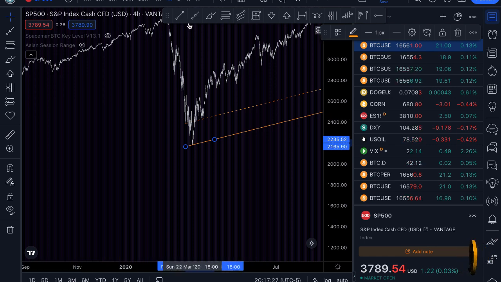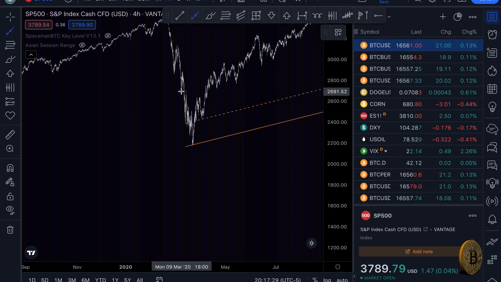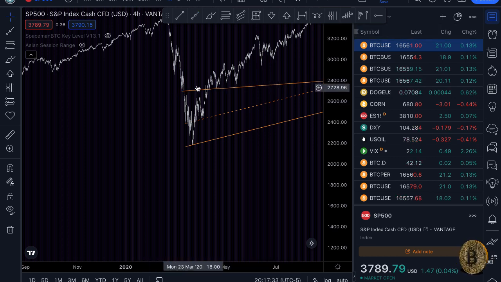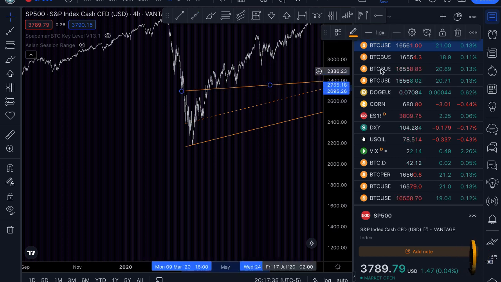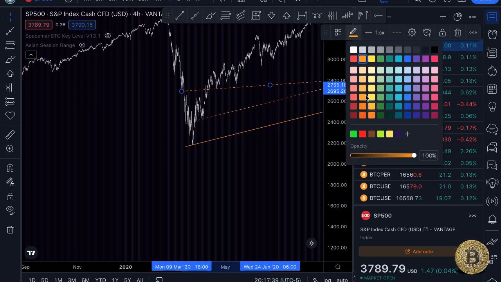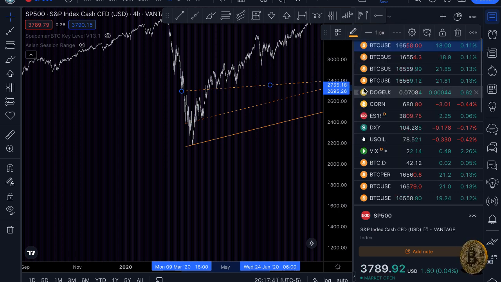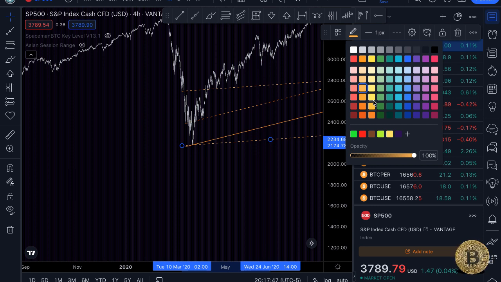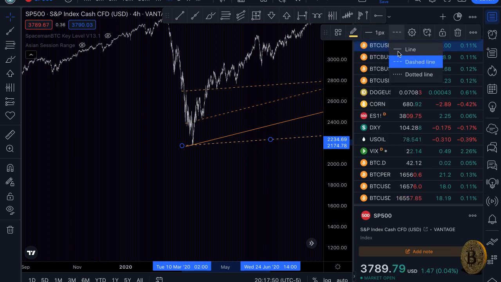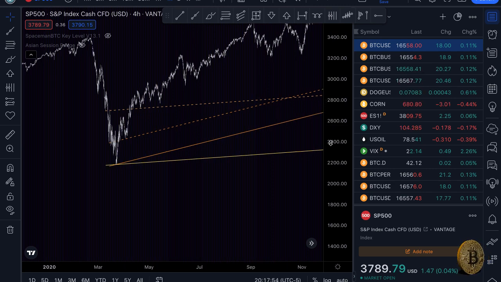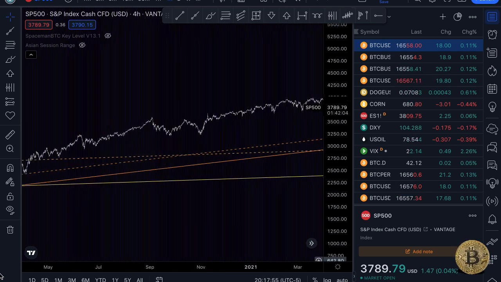There's also this one here, if you can see that. We'll make this one yellow. Okay, so those are the two that I'm looking at.